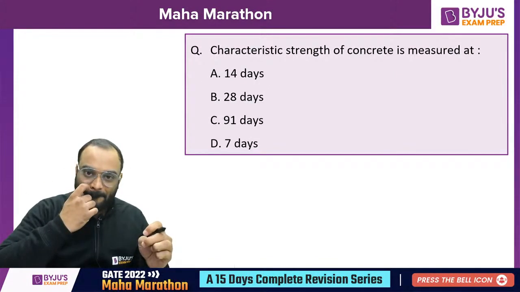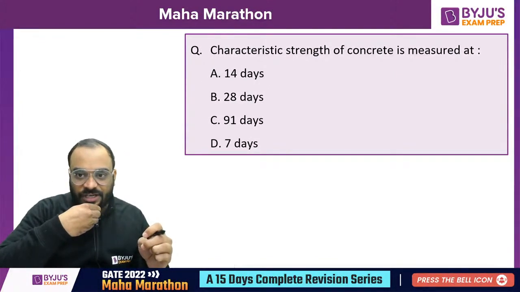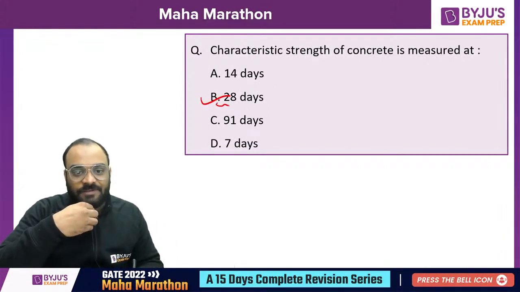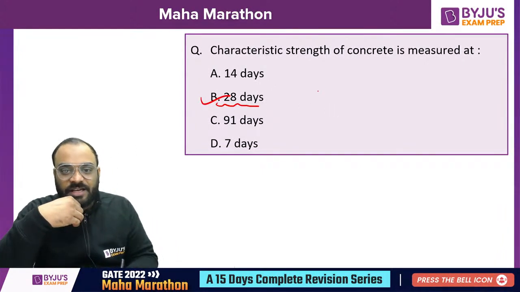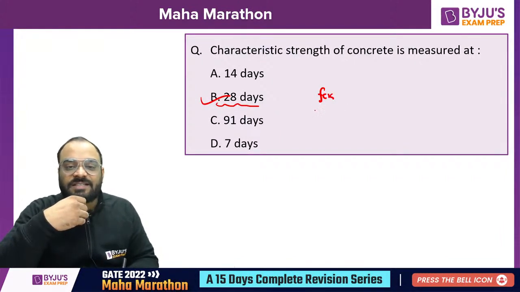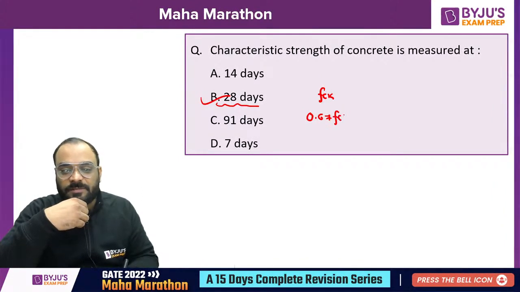Tell me. Characteristic strength of concrete is measured. B. 28 days. That means the characteristic strength of cube is FCK, but the characteristic strength of structure is 0.67 FCK.